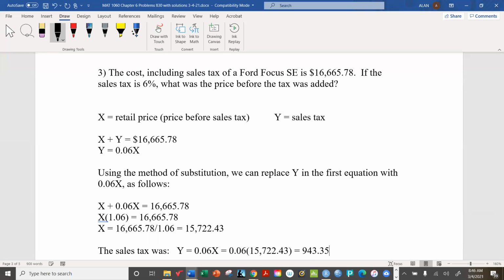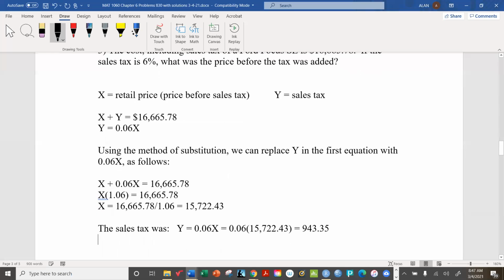Remember, this is being rounded. And so if you add these together, this is your double check, by the way, 15,722.43 plus 943.35 is 16,665.70. Oh yeah, what do you know?